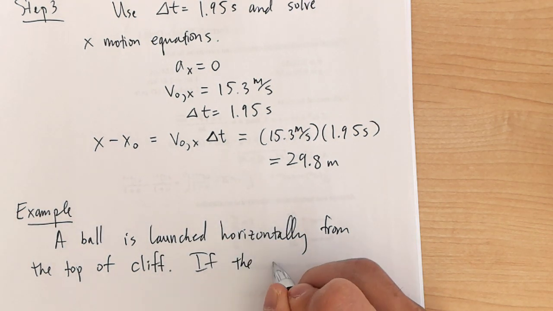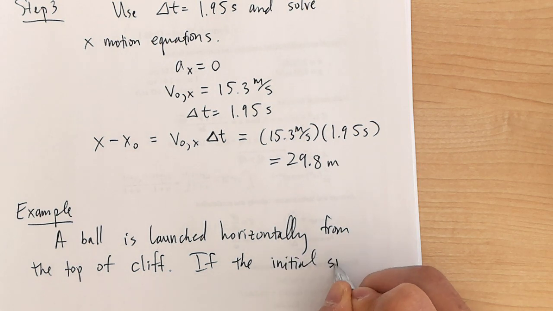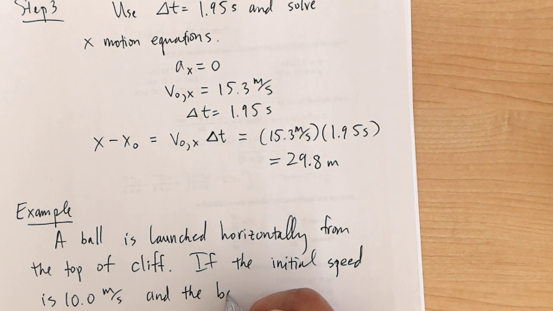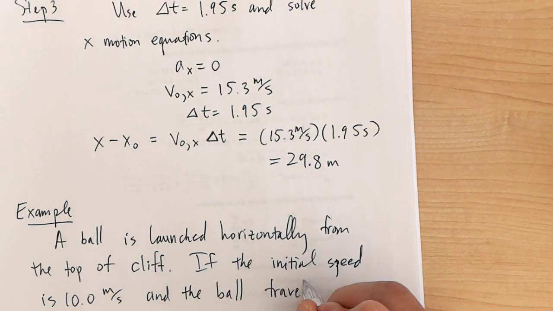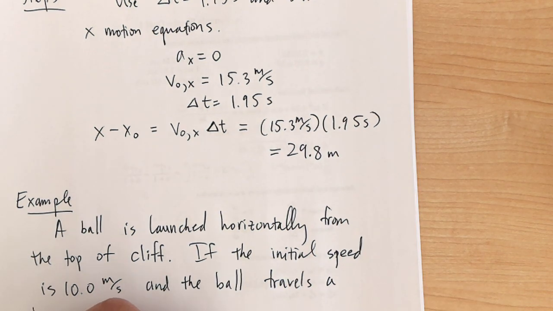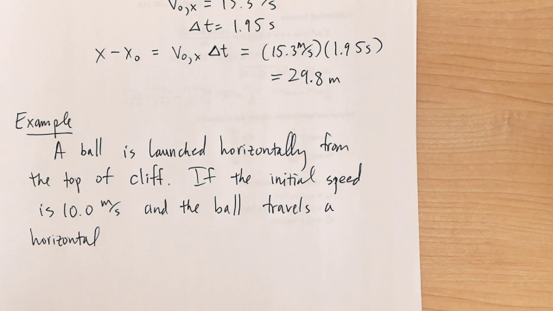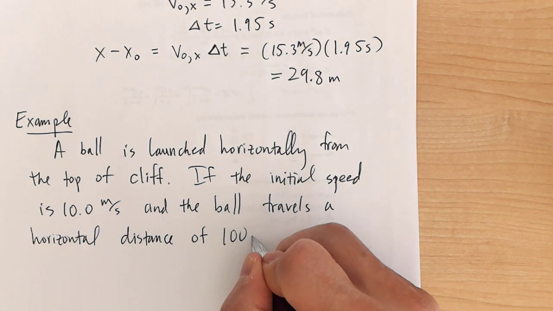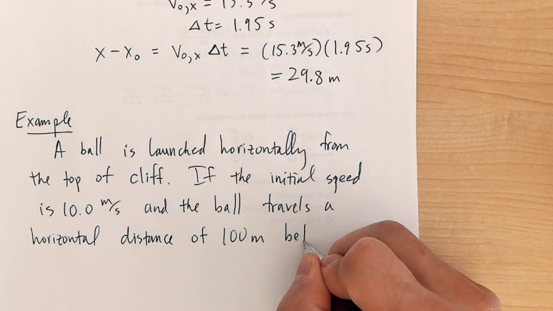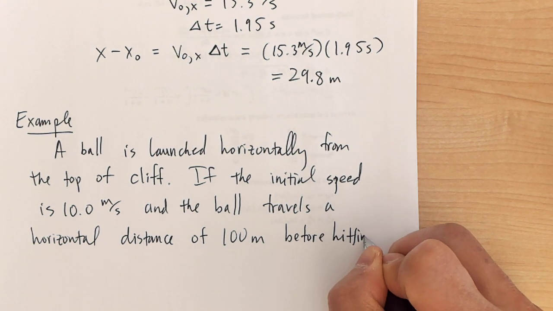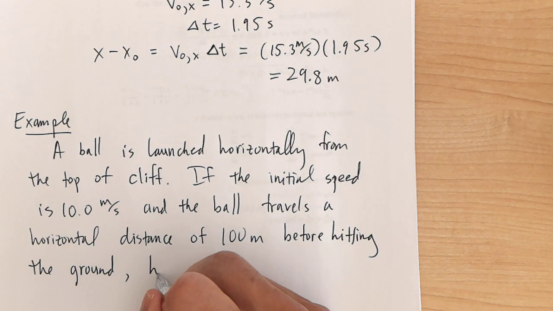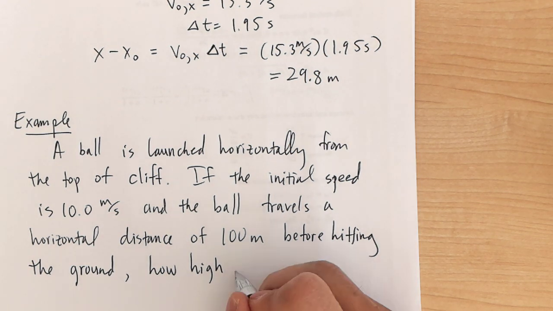If the initial speed is 10.0 meters per second, and the ball travels a horizontal distance of 100 meters before hitting the ground. Okay. How high is the cliff?